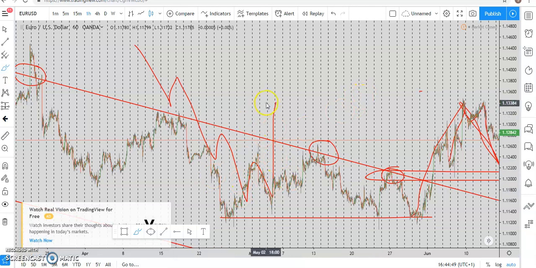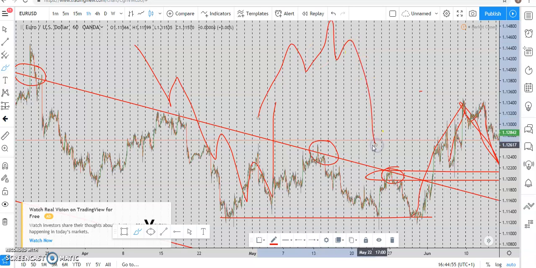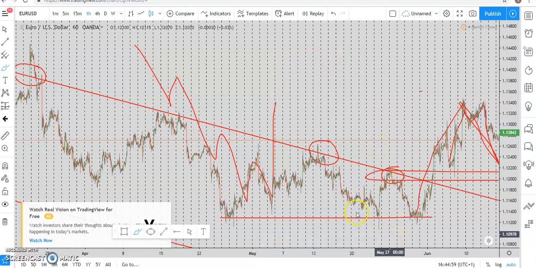And then the third one is a head and shoulders. So for you to trade head and shoulders, double bottom, and double top, that means price is about to reverse. If you don't spot a reversal zone, please don't trade a double bottom or a double top.